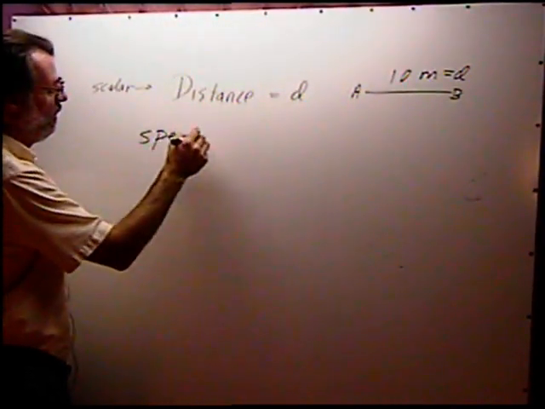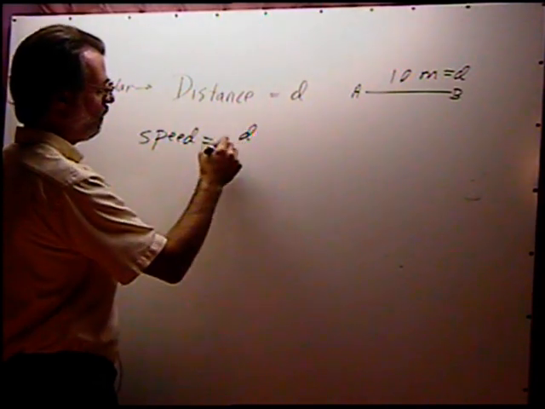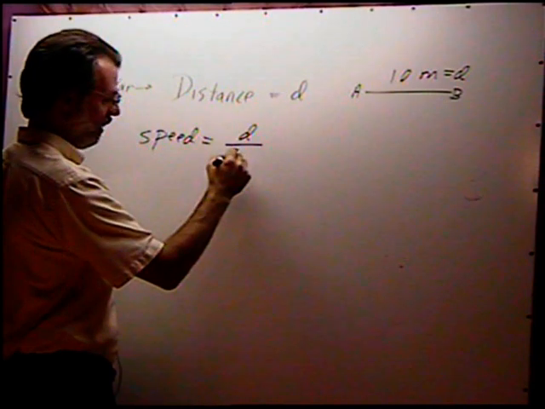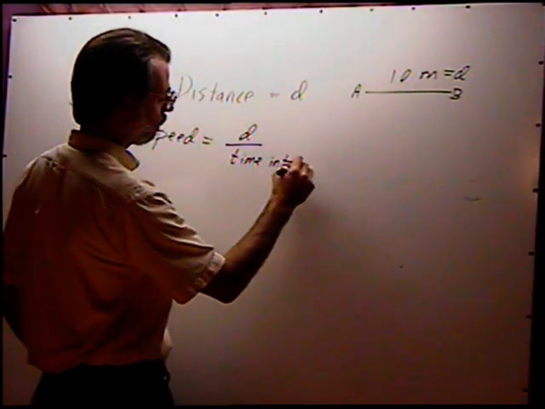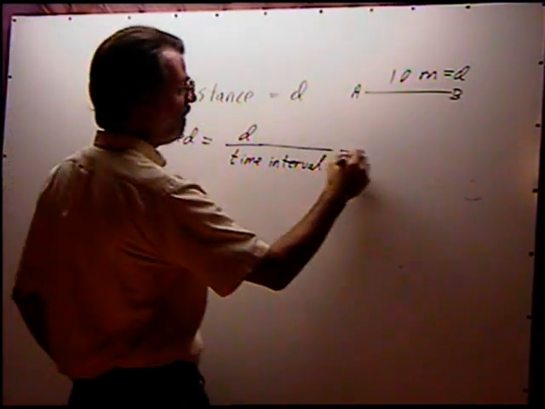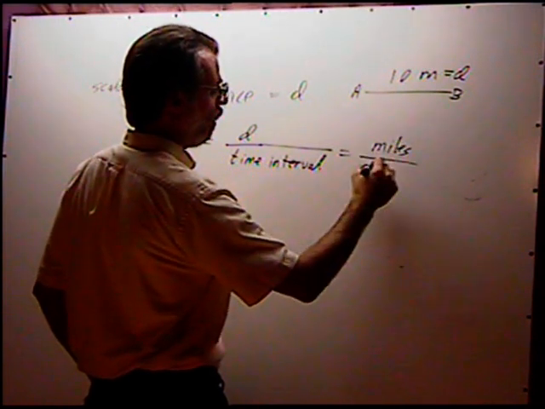Speed is simply a distance traveled over a certain time interval. As an example, we can have miles per hour.